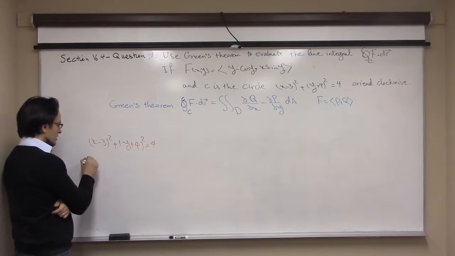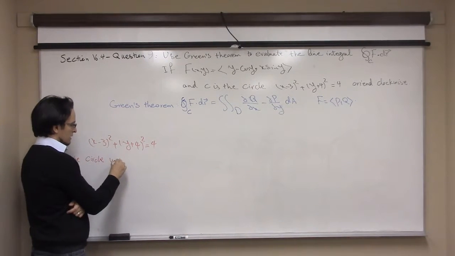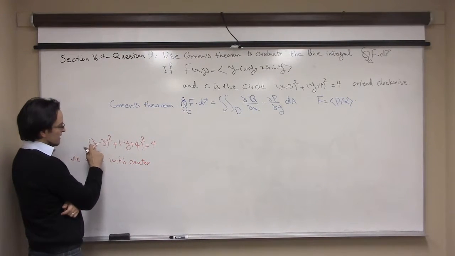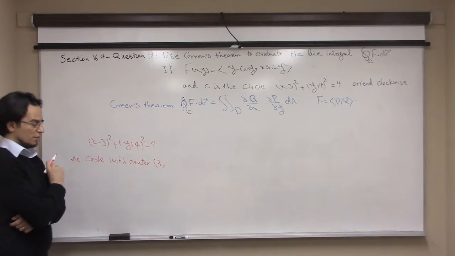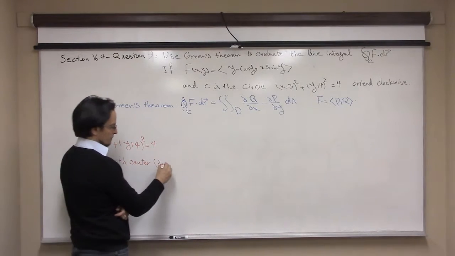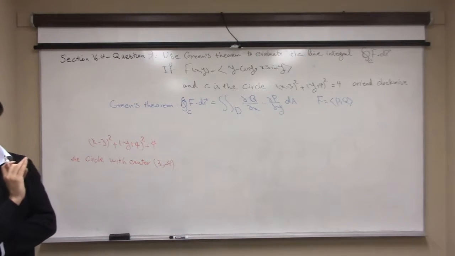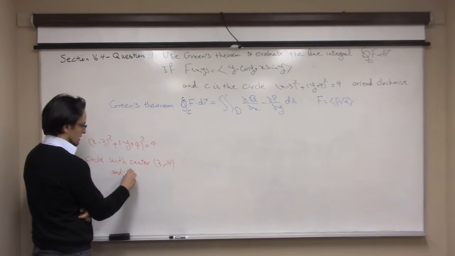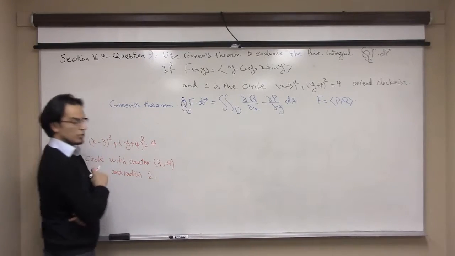This is a circle with center, x minus a number, so that's the x component of the center, and y minus another number, so the center is (3, -4), and the radius is the square root of 4, which is 2.